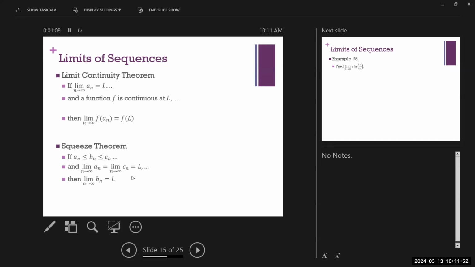Basically, you can think of this as the function composition version of sequence convergence. If you have a sequence that converges to some limit, and that sequence is the input to some function, then the function's output will converge to f of that limit.